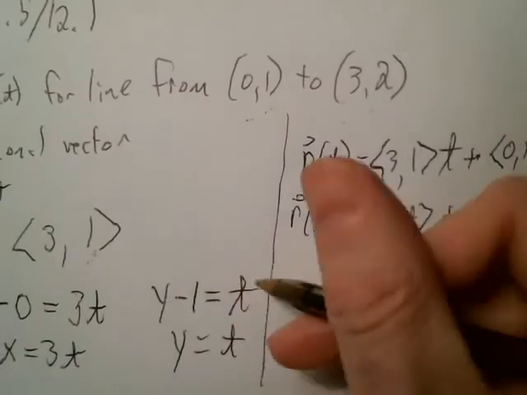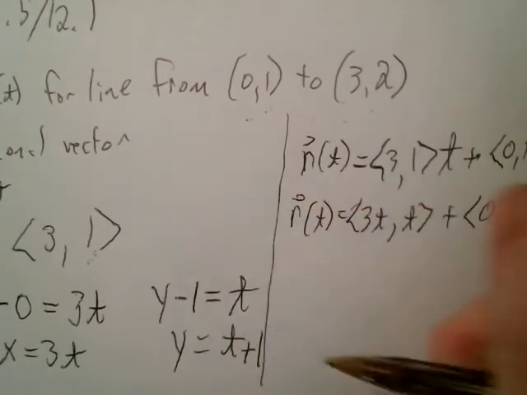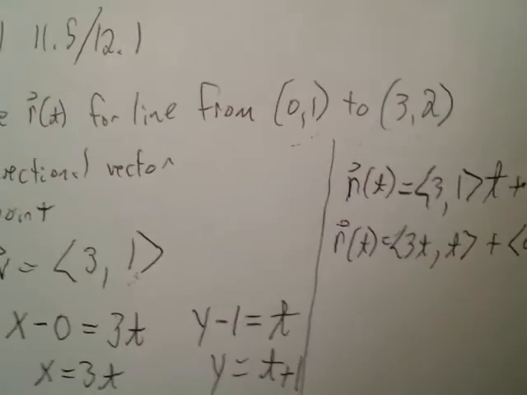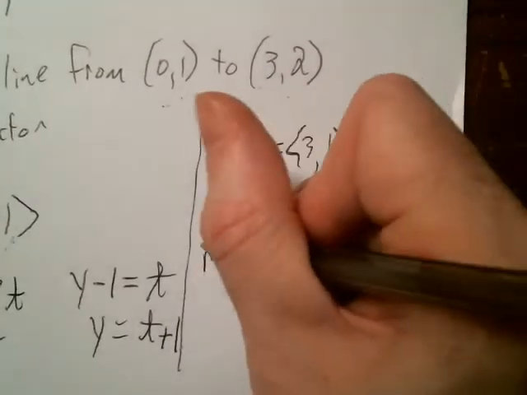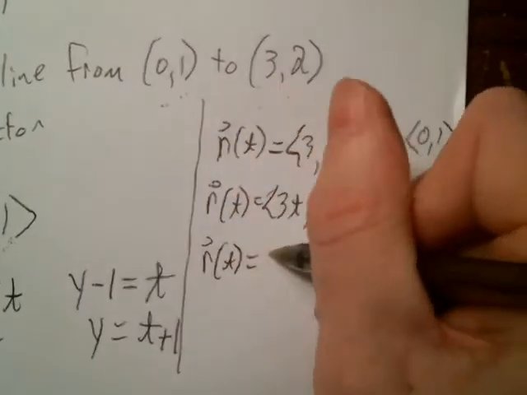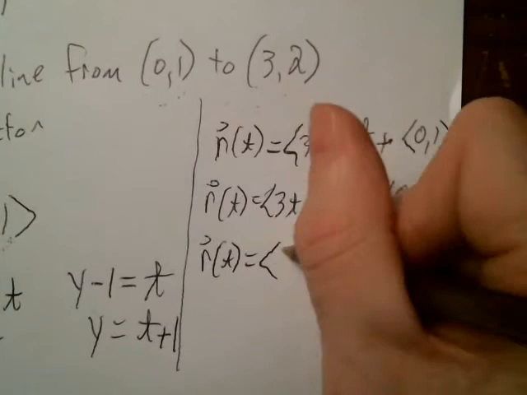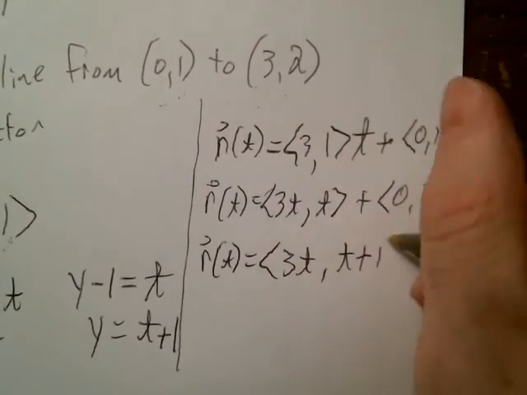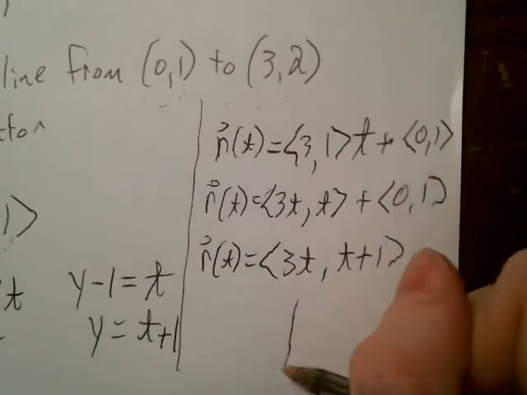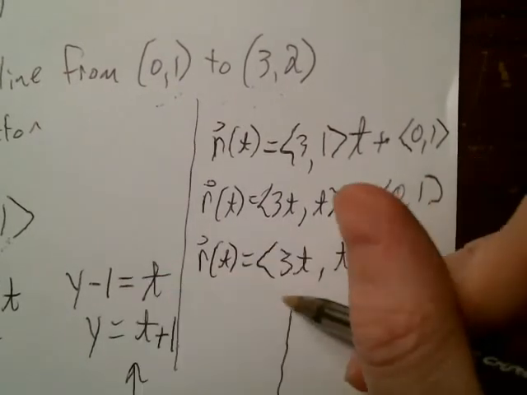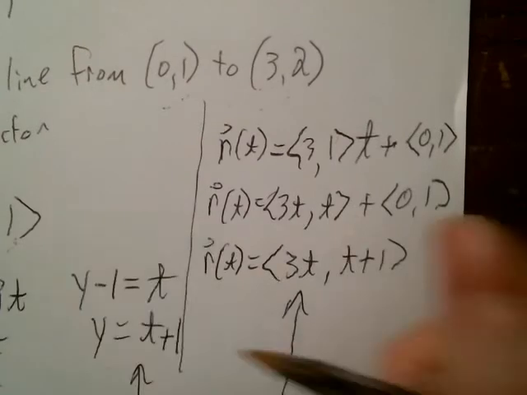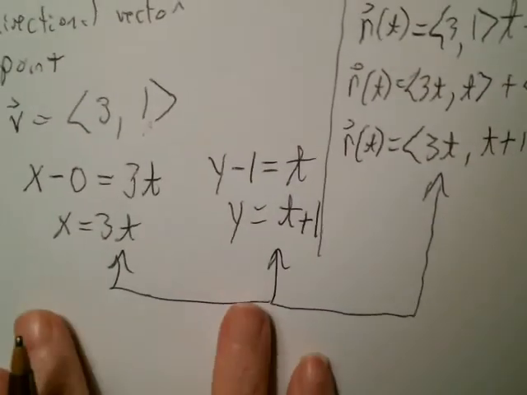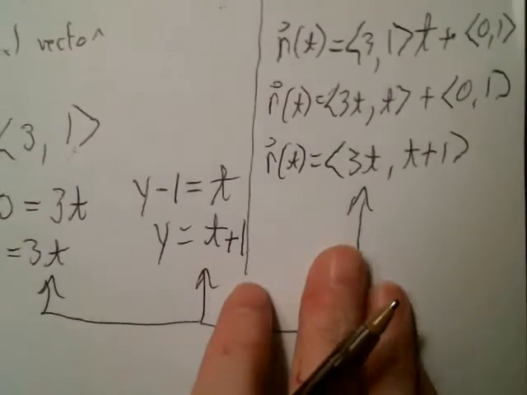If you add 1 to the other side, y is equal to t plus 1. Sorry about that. So over here, when I add these together, you're going to get 3t comma t plus 1. And hopefully at least that convinces you that what I'm doing here is no different than what I did over here. The parametric version is just kind of a longer version of doing this.